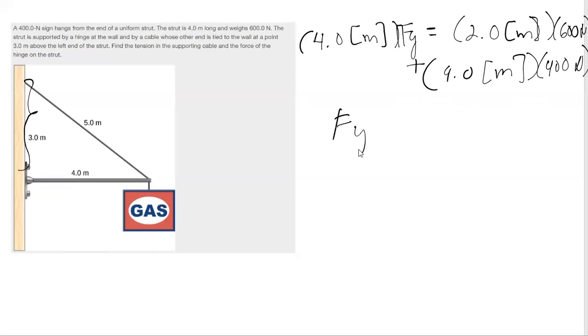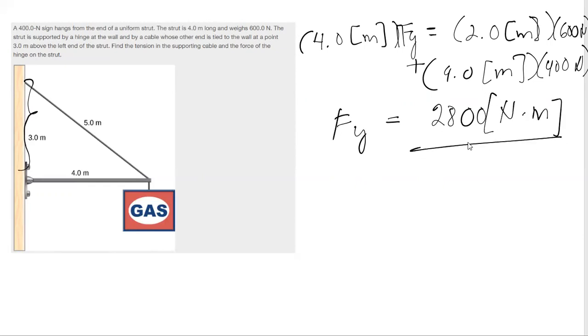So I can get here 2,800 newton meters all over 4 meters, which should get me a vertical force of 700 newtons.